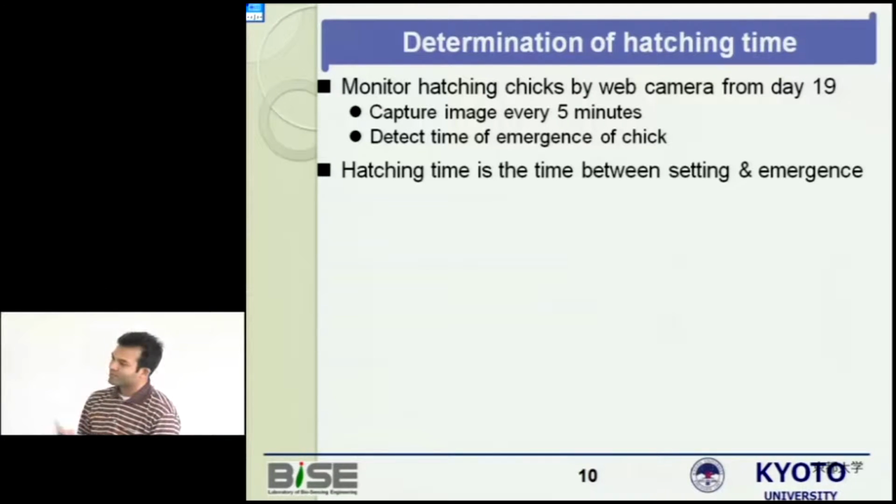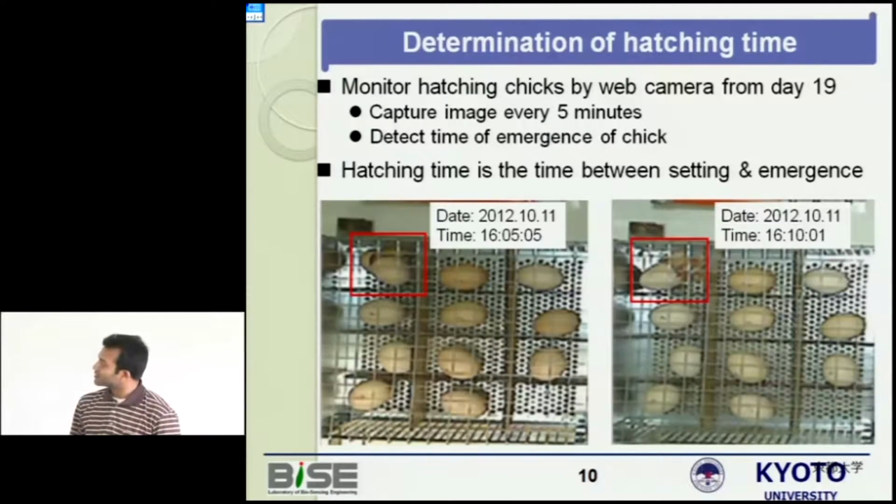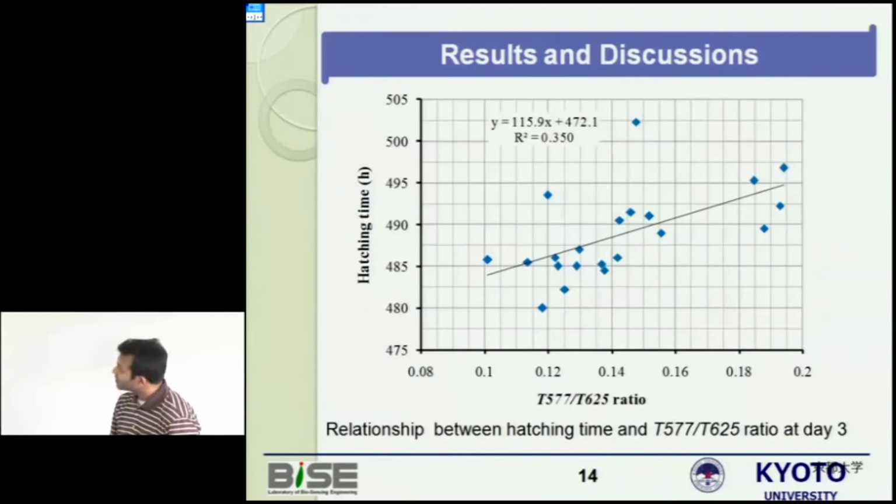From the time of emergence of the chick and the time of setting the egg for incubation, we calculate the hatching time. And these are two consecutive images for one hatching chick, and from this we calculate the hatching time for the respective chick.